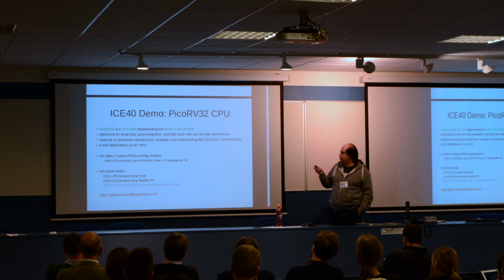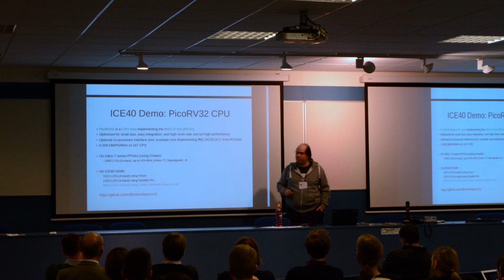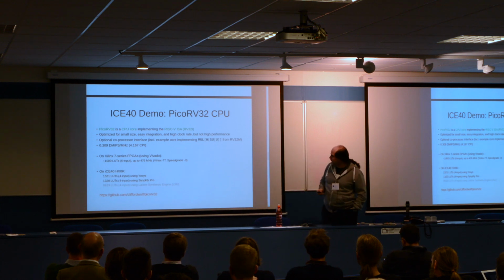It's not optimized for high performance, so you see I have less than 1/3 DMIPS per megahertz. And I need a little bit more than 4 cycles per instruction, so it's not pipelined either. But it's optimized for high clock rate.